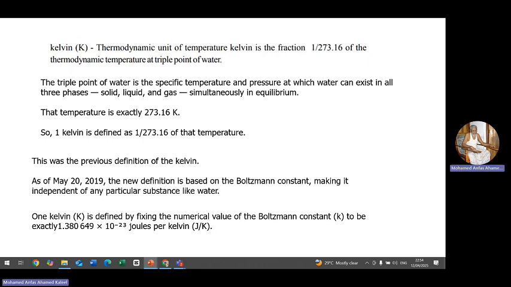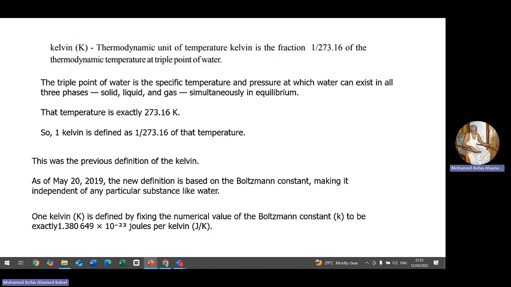That temperature is exactly 273.16 Kelvin, so 1 Kelvin is 1 over 273.16 of that temperature. This was the previous definition of Kelvin.